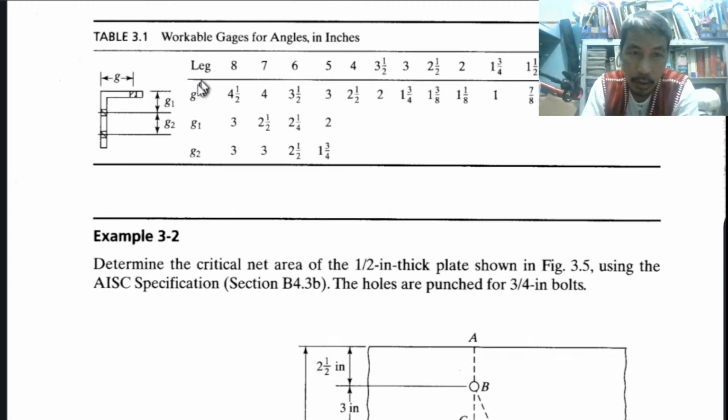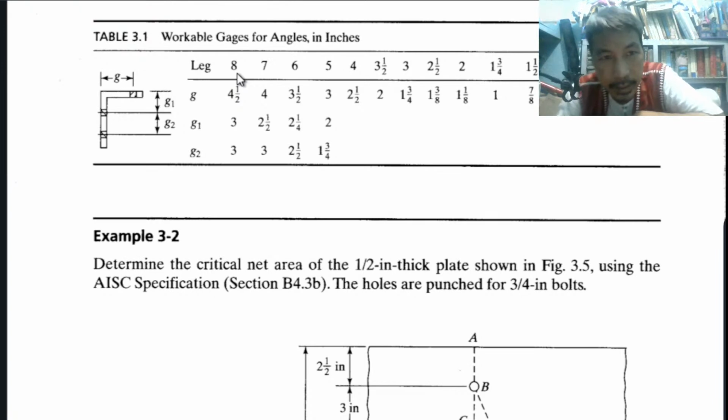For example, if the leg is 8 inches, G from this face to the center of the hole is 4.5.